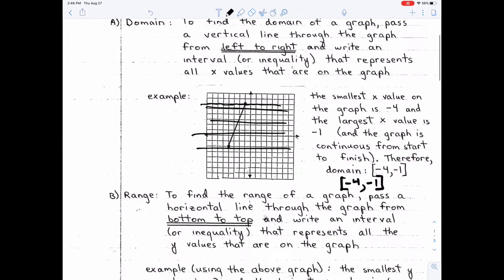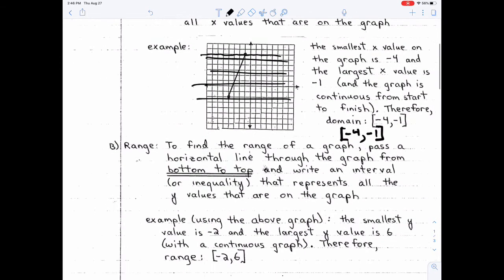So in this case, the smallest y value is -2, and the largest y value is 6. So all your y values are from -2 to 6. There are no y values smaller than -2. There are no y values bigger than 6. Okay? Now, again, you might have to pause the video and listen to that a few times.